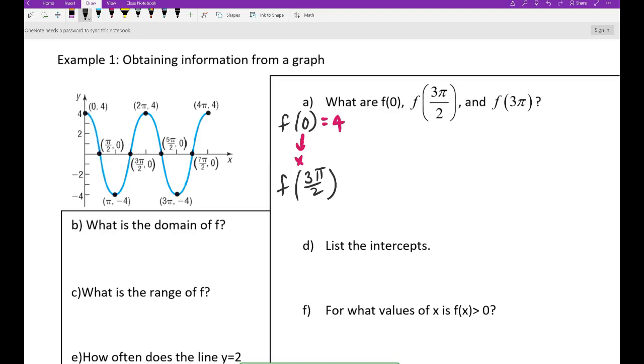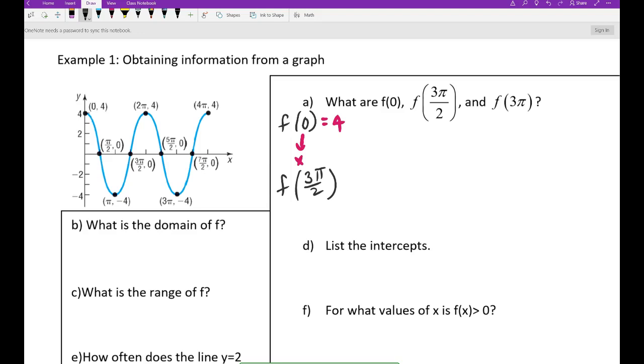Ethan? Find 3 pi over 2. You're so close. Find what? Yeah, find y. Find y when x is 3 pi over 2.